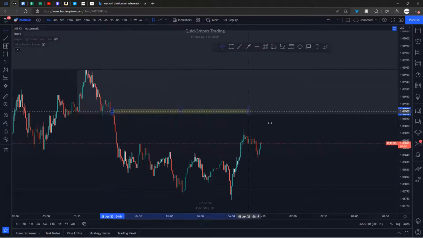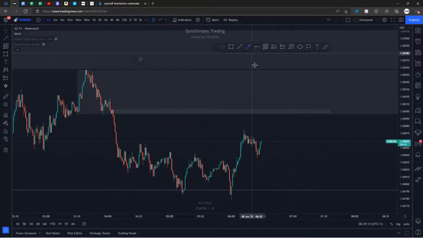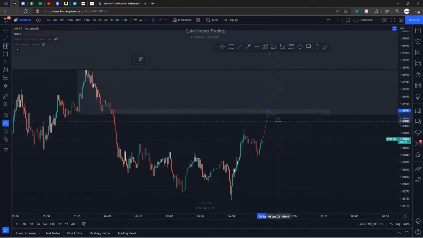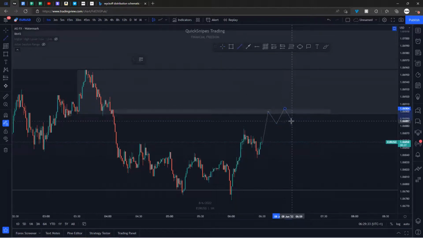This area. What I'd want to see is a push up, then some sort of movement here, maybe a retest there. I need to see a liquidity sweep. I need to see liquidity completely swept, then come back.